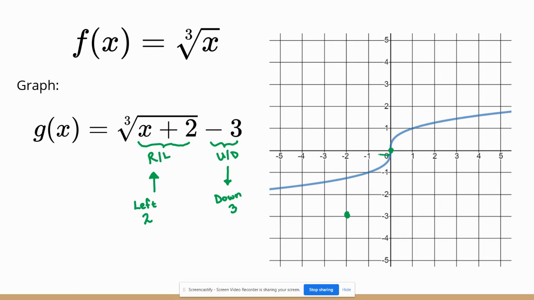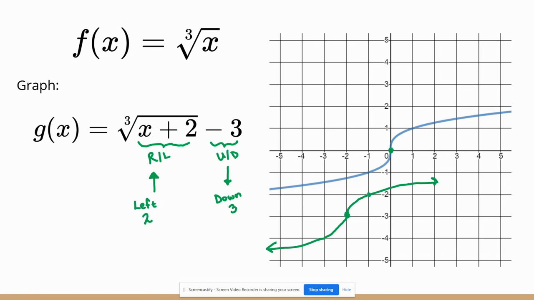It went left and down, and became that new point. Now from (0, 0), my function curves up and passes through (1, 1), and then continues up. So this new function is going to pass through this point and continue up. And then it's also going to continue down and pass through this point, just like this function continues down.